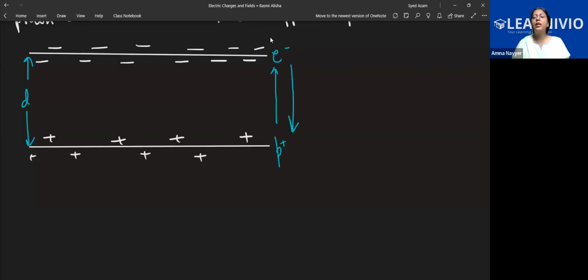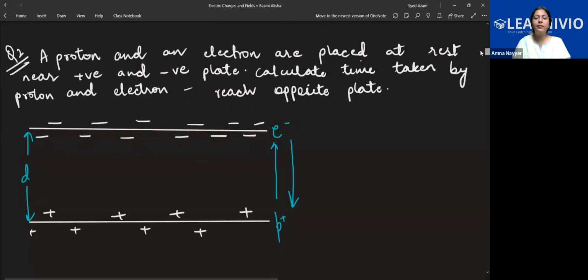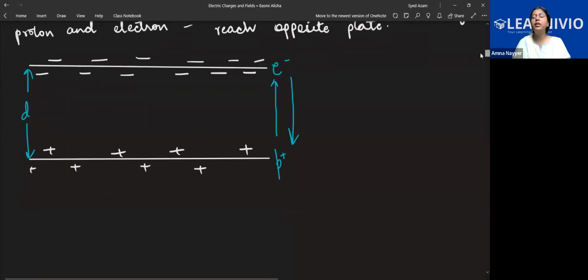It is asking for the times, right? Calculate the time taken by the electron and proton to reach the opposite plates. You are going to use the equations of motion. See, when the electron or the proton moves, what are the equations of motion?